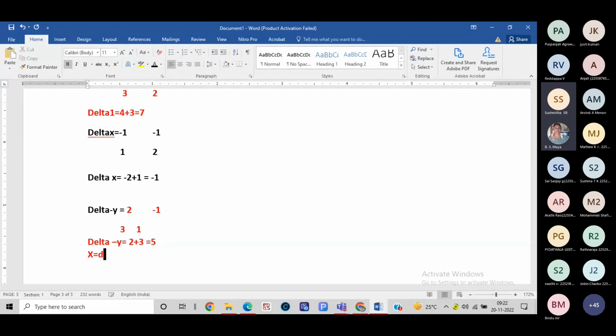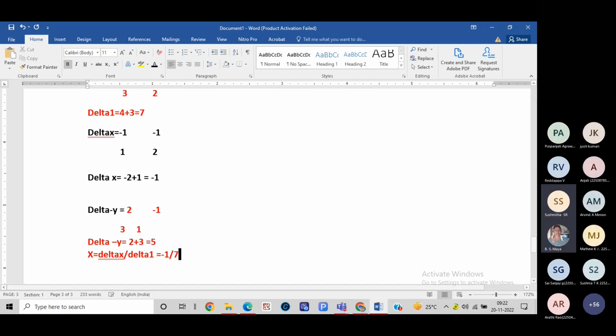X is equal to delta x by delta dash. What is the answer? Delta x is -1 divided by delta dash, 7. So x is -1 by 7.